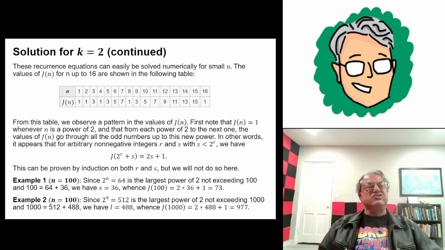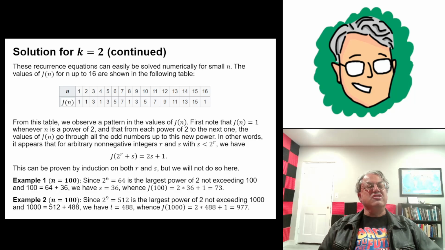Anyway, I'll just show a couple examples. Suppose n is 100. Suppose there's 100 prisoners in a circle, and you want to know which position you should be in if you want to survive. Well, you just apply this formula. First, you look for the largest power of 2 that's less than or equal to n. In that case, that's 2 to the 6th, or 64.